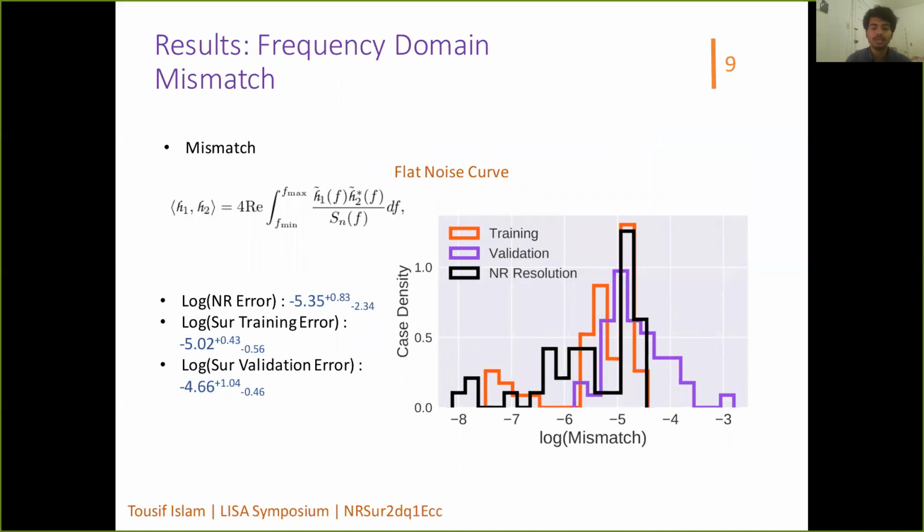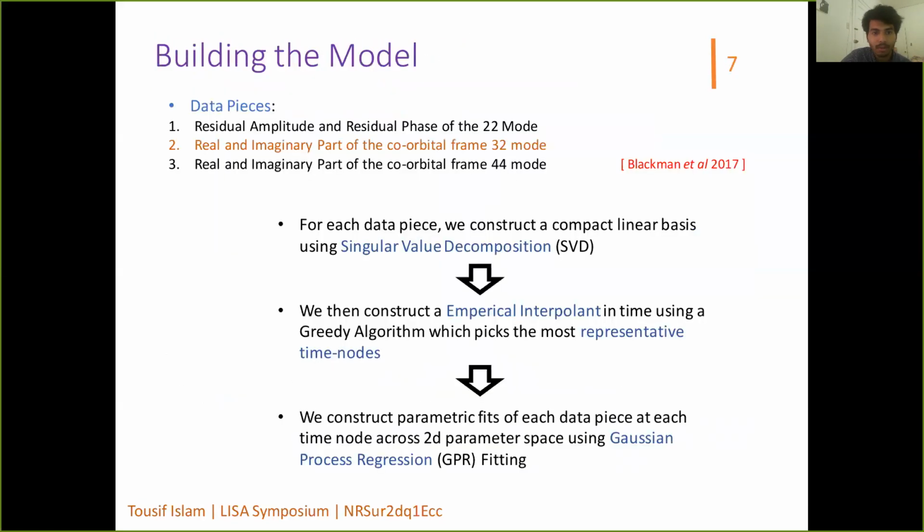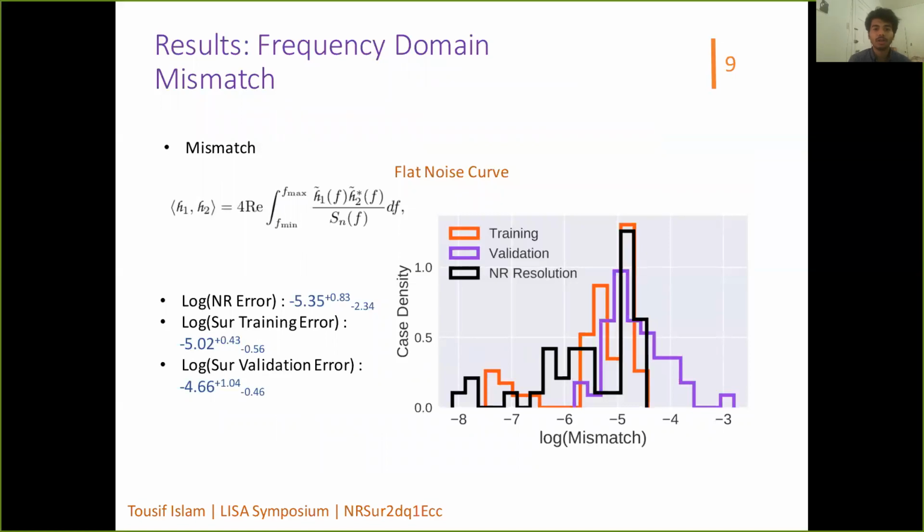Now here we show the sky-averaged frequency domain mismatch, defined by this particular expression, using a flat noise curve between the surrogate model and the NR data. In the plot here, for comparison, in black we show the NR resolution error obtained using the highest two resolution NR data.